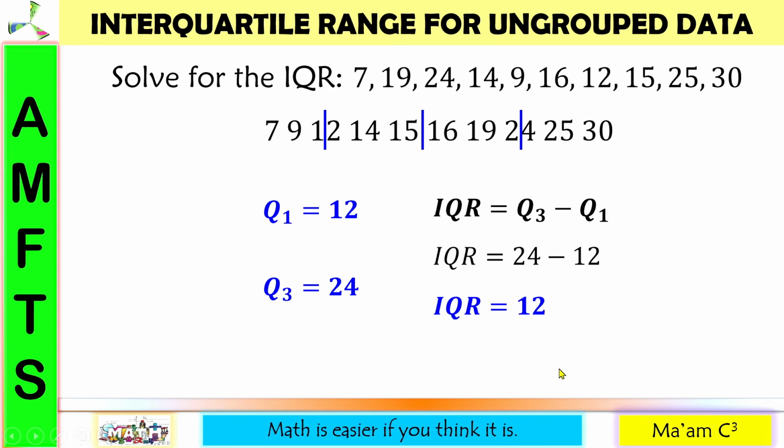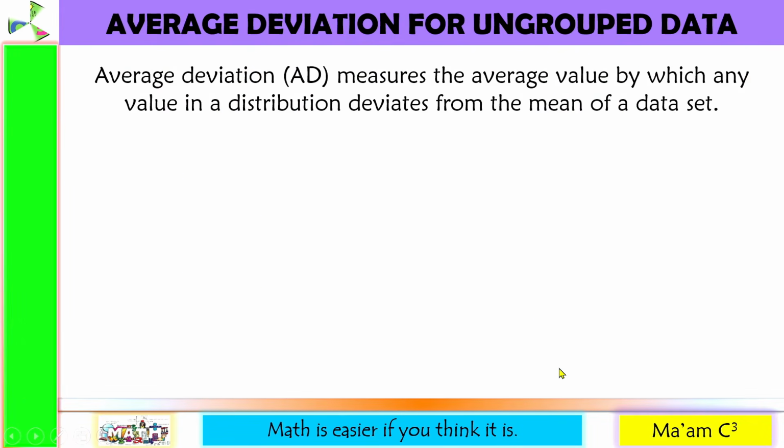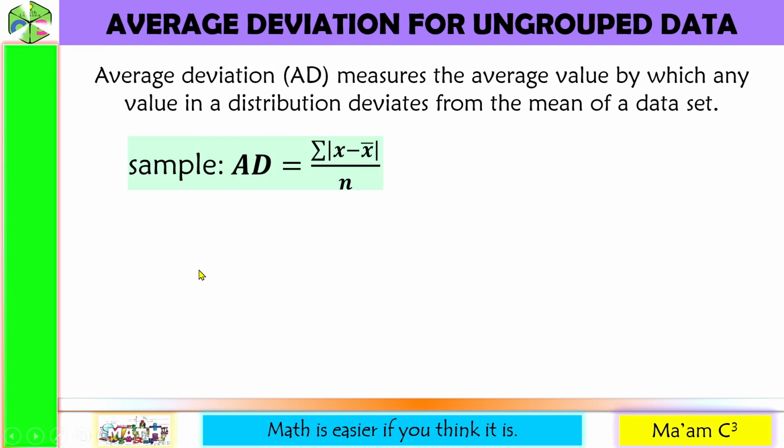The next measure of variability is the average deviation, denoted by AD. It measures the average value by which any value in a distribution deviates from the mean of a dataset. For the average deviation of the sample, we have the summation of the absolute value of x minus x bar all over n.